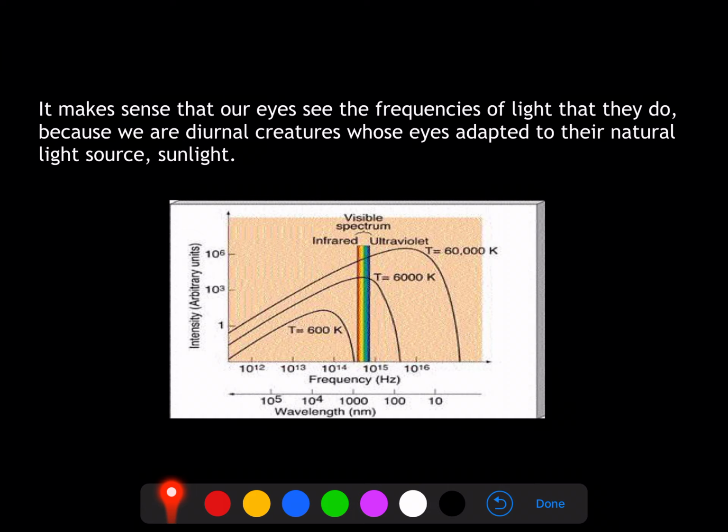You could see that the peak for the curve that corresponds to something of the temperature of the surface of our sun is right here in the visible portion of the spectrum.